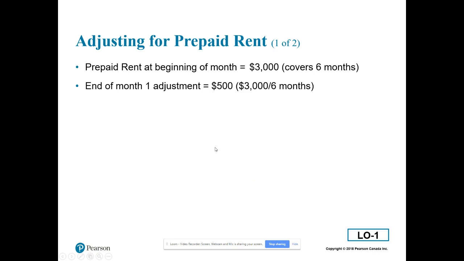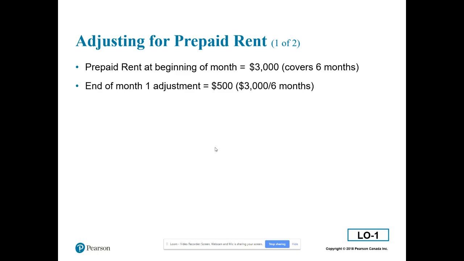Other types of adjustments include adjusting for prepaid rent. Very often businesses will come and say, I've got some startup capital, so here's $3,000 for 6 months rent. Now we don't just say $3,000 rent expense January 1st. We would say $3,000 of prepaid rent when the payment's made, and then every month we make an adjustment.